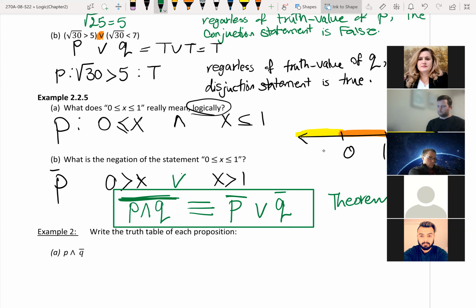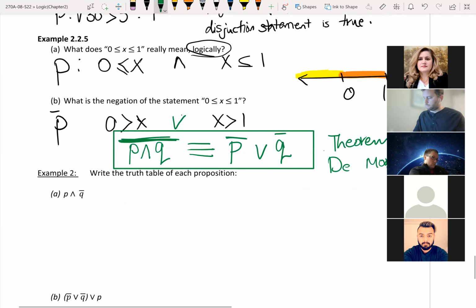Have you ever seen it? If not, you'll see it here soon. It is De Morgan's theorem. De Morgan's theorem says whenever you negate, a disjunction becomes a conjunction and a conjunction becomes a disjunction. So it always switches.